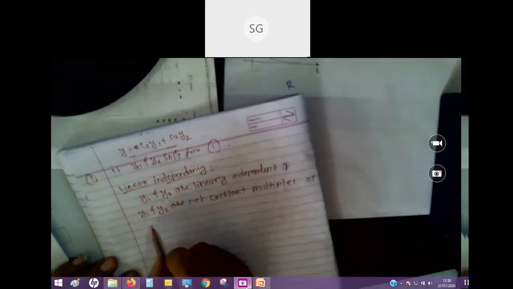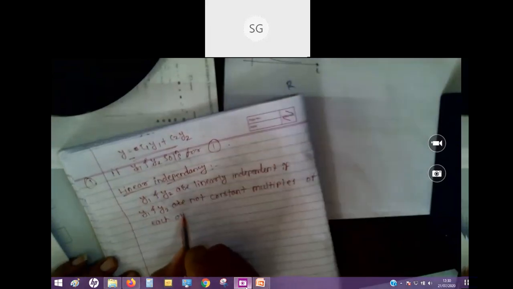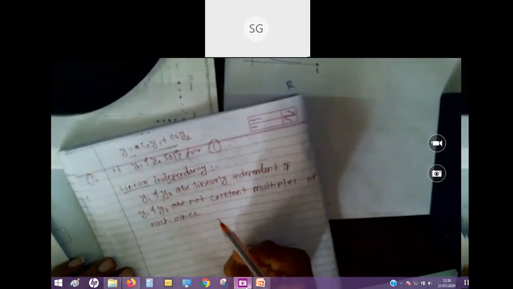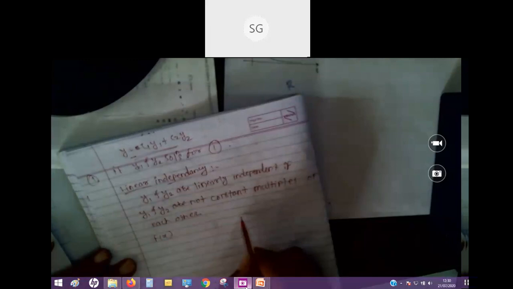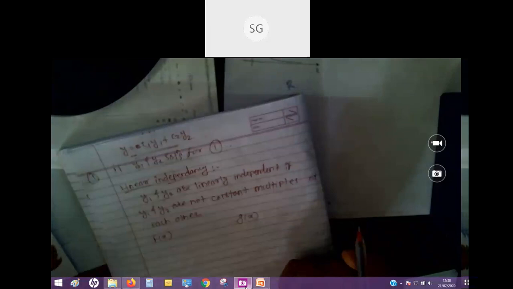For example, let's say f of x and g of x are two solutions, or two functions.